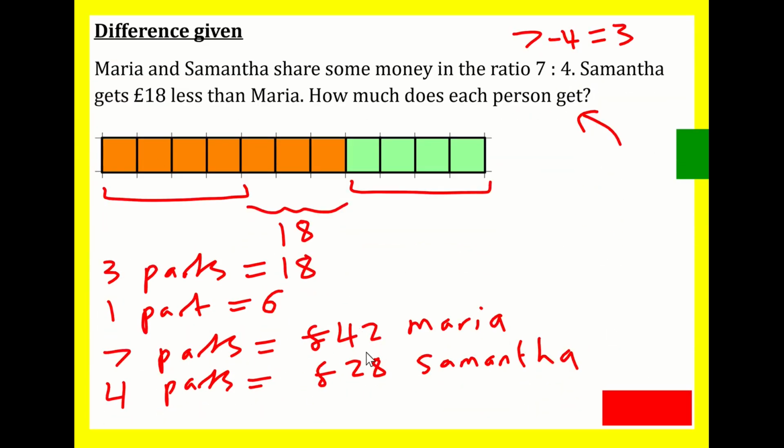I've made a mistake. I just did 4 times 6 is 28, when obviously it's 24. And now I see that I do get this difference of 18.